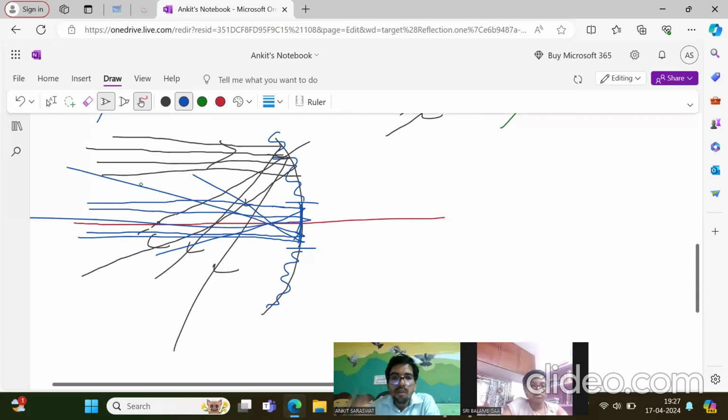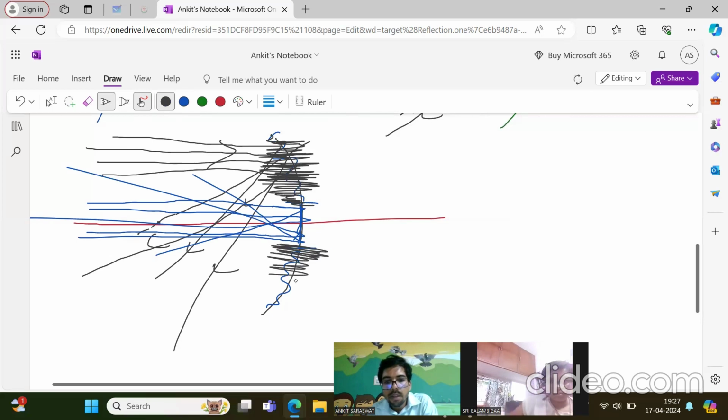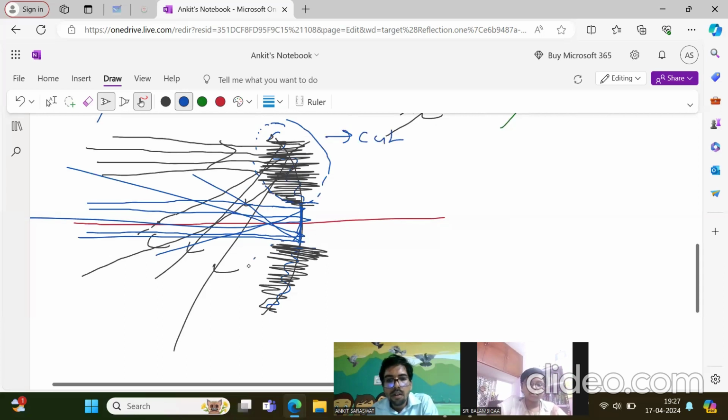Clear? So what we will do, either we will paint the surface with some black paint and then allow only this portion, or we can cut this portion and take only this small portion, like this.